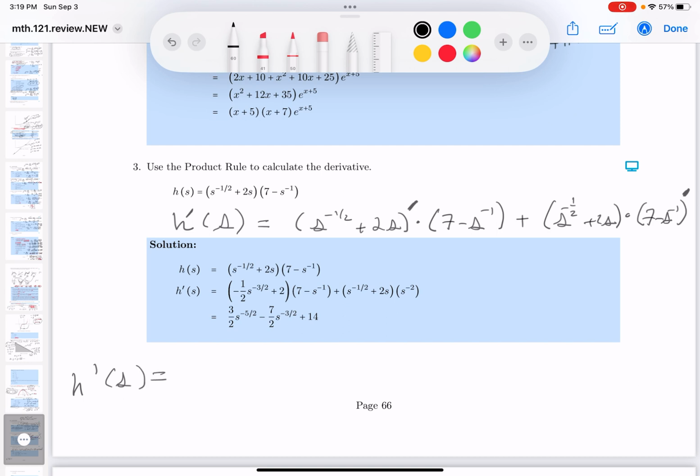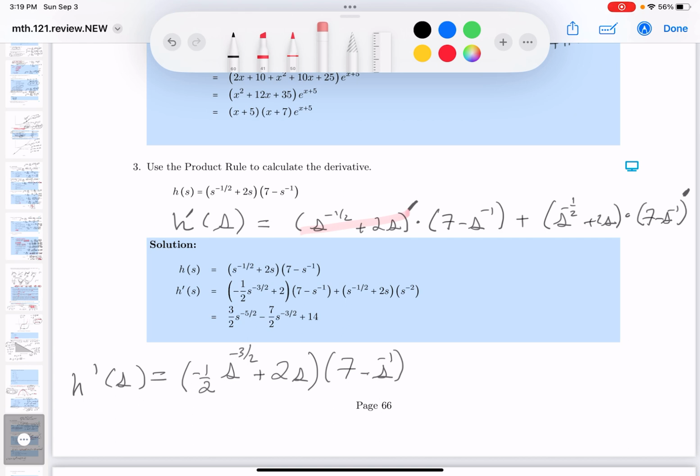And I'm looking at this guy over here. It doesn't look that bad to me. So write this over here. It's going to be minus 1/2, and then S. I take 1 from the exponent, so minus 3/2. Plus, if 2S couldn't get easier, it's 2S times 7 minus S to the minus 1. Let's keep moving.